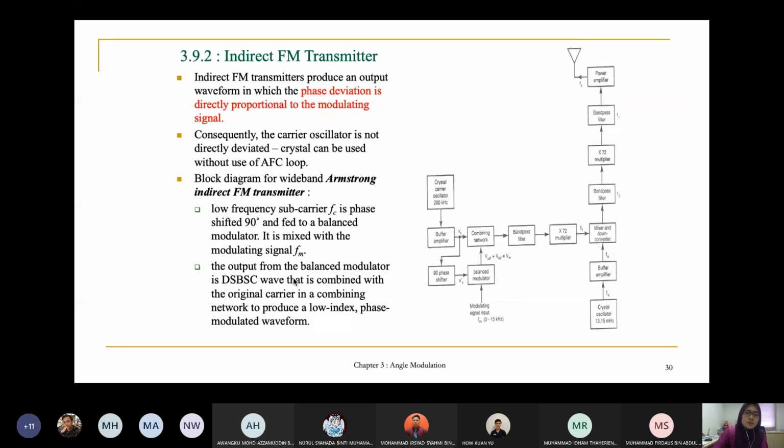That is why you can see that in the Armstrong indirect FM transmitter, instead of having only a multiplication process, the circuit uses a combination of the multiplication process together with the heterodyne process.